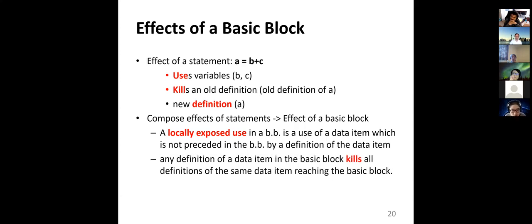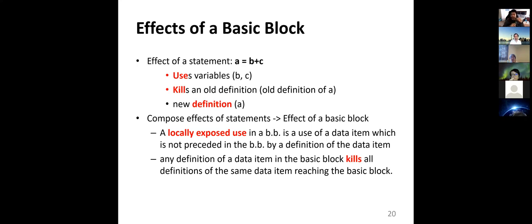Any definition of a data item in the basic block kills all definitions of the same data item reaching the basic block. So I have A equals B plus C, then A equals 10, then A equals 11 within the same basic block. From the external perspective outside of the basic block, only the last definition matters, because that definition is what's visible at the end of the basic block.